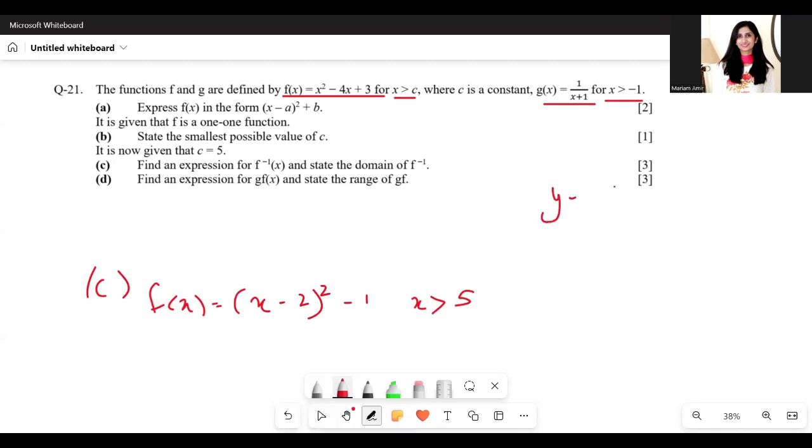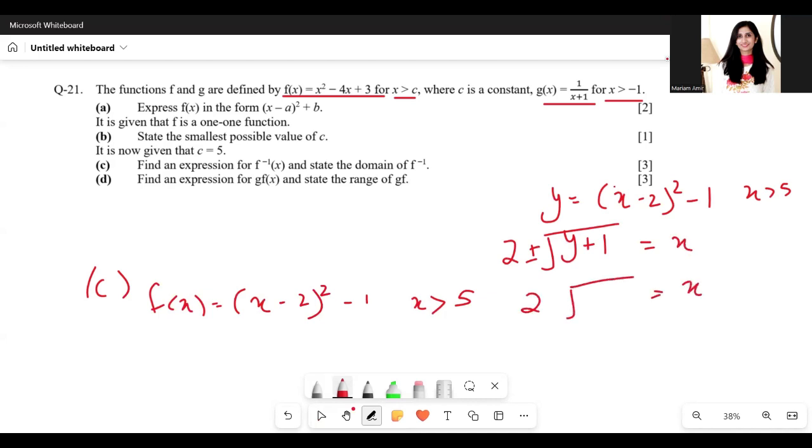To find f inverse, let's first replace f(x) with y. It'll be y + 1 = (x − 2)², and also x is greater than 5. Taking the square root, plus or minus, and 2 goes to the other side, becomes plus 2, equals x. So we're getting 2 plus or minus, we're going to talk about that in a second, the square root of x + 1.